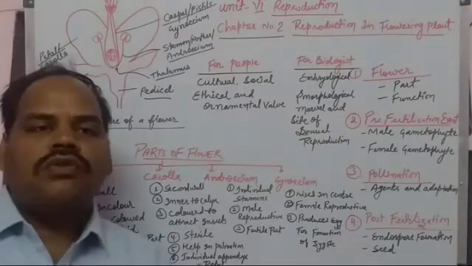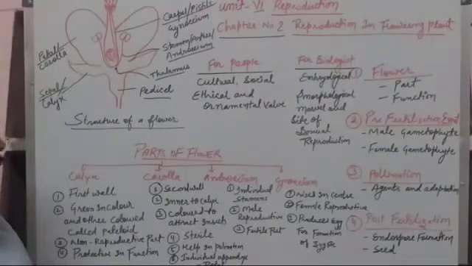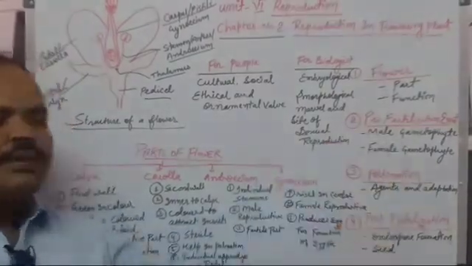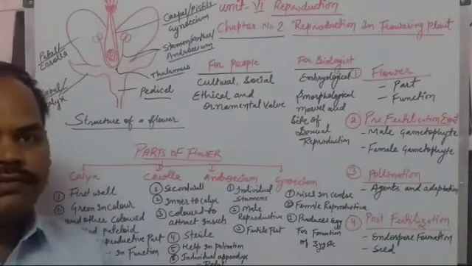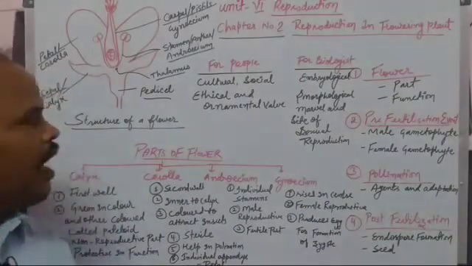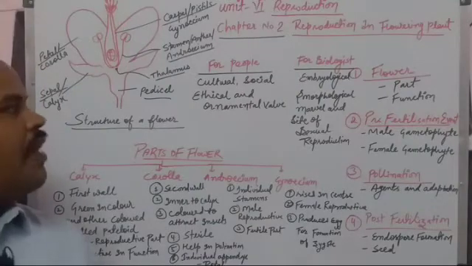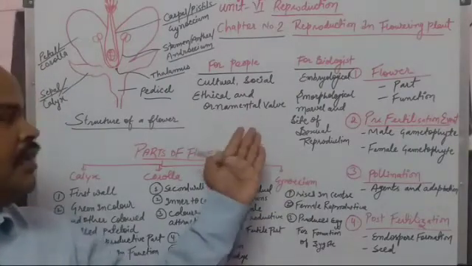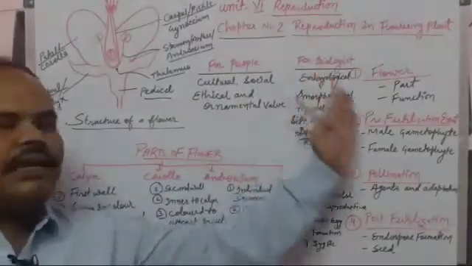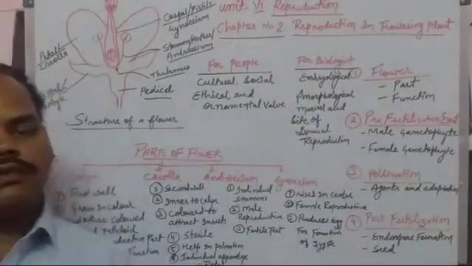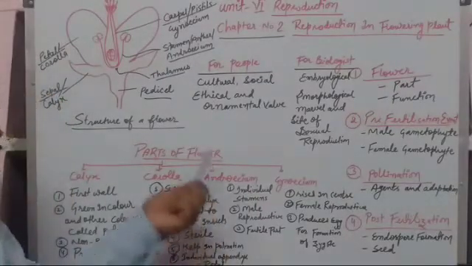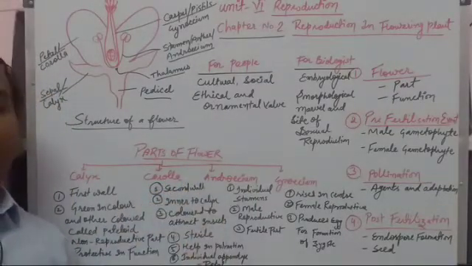So till the end we will cover these three types of events in this chapter. Today we will introduce the flower, as described by people and by biologists. Now we will start the next part, the parts of the flower.